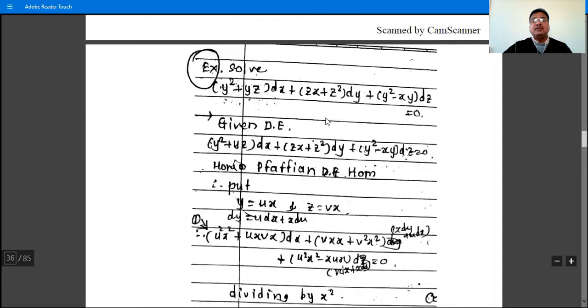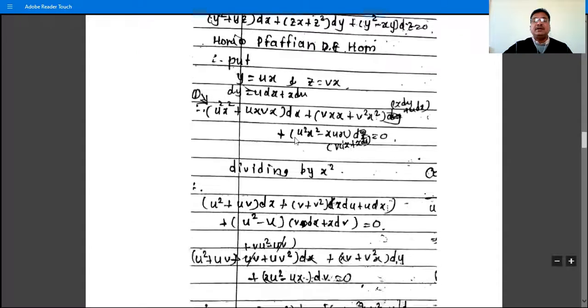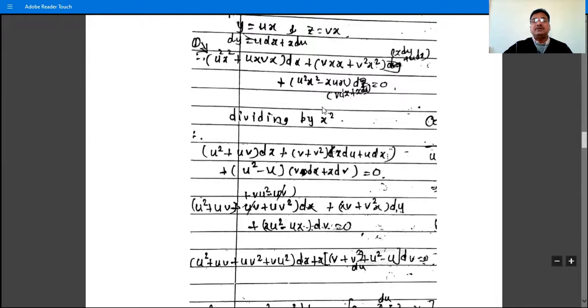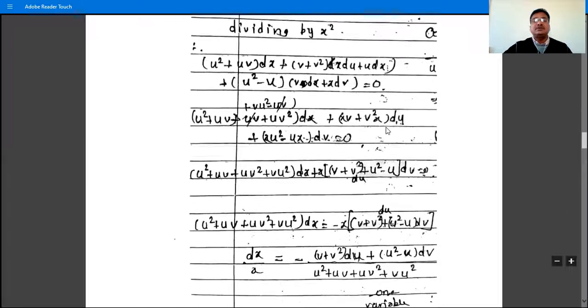If the given Pfaffian differential equation is a homogeneous Pfaffian differential equation of degree 3, then divide by x³. So here we divide by x². We have (u² + uv) dx, plus (v + v²)(x du + u dx), plus (u² − u)(v dx + x dv) = 0.